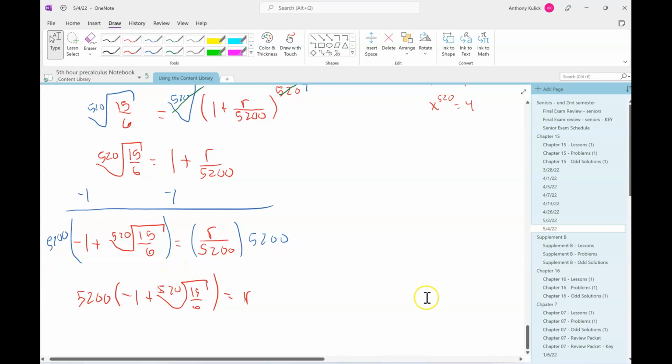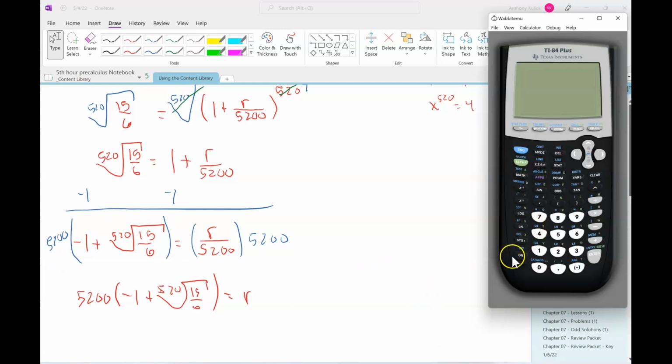All right, calculator time. So 5,200 times, and then I'm going to do my parenthesis, -1 plus, and then to type in a 520th root, I'm going to type in my index, 520, press the math button, and choose option 5.